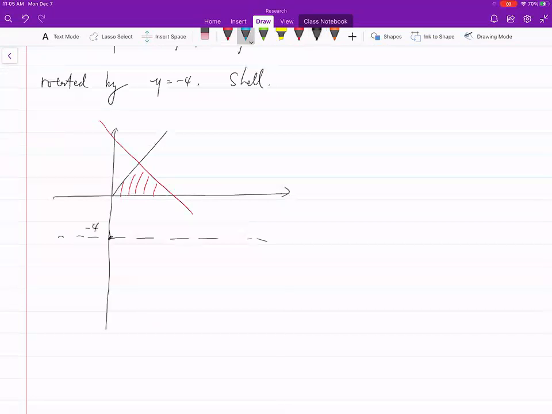So after rotation, you will have some shape like this. Okay, that will be the drawing.